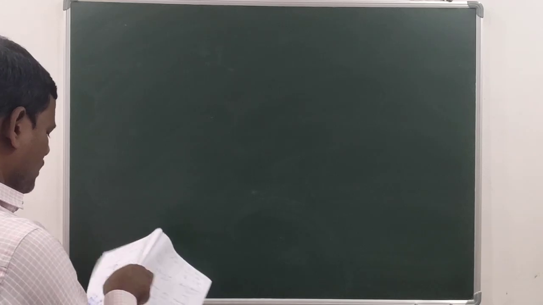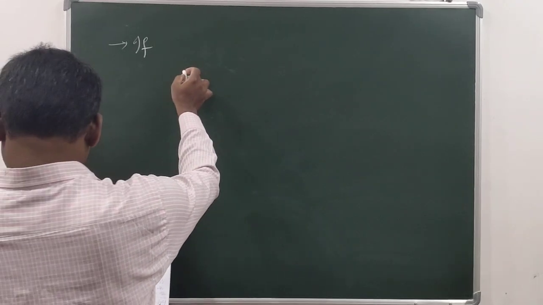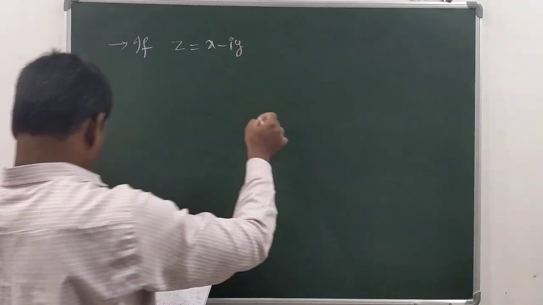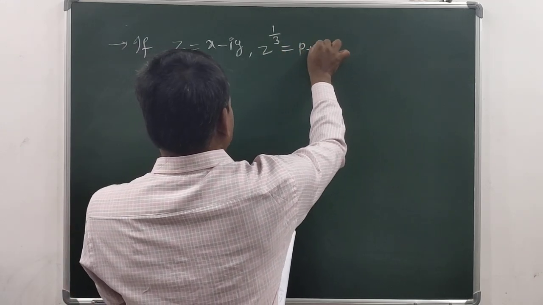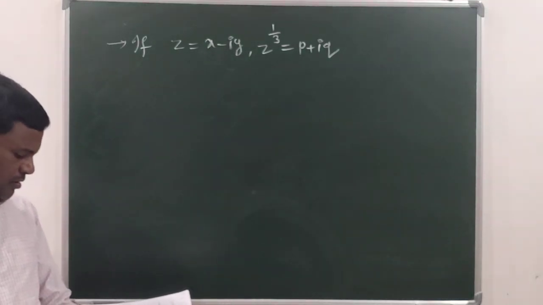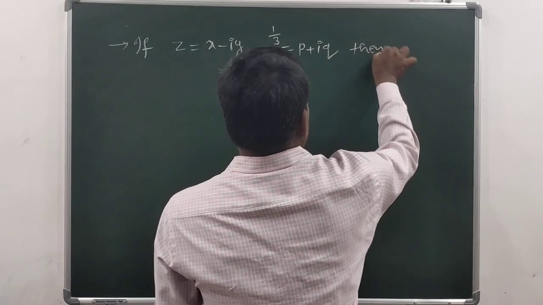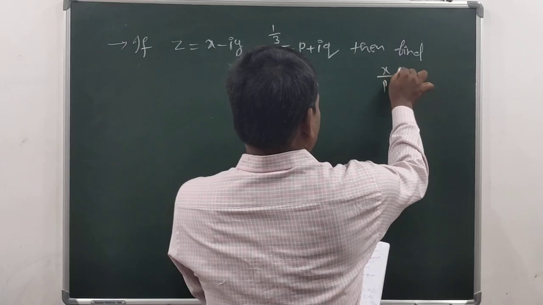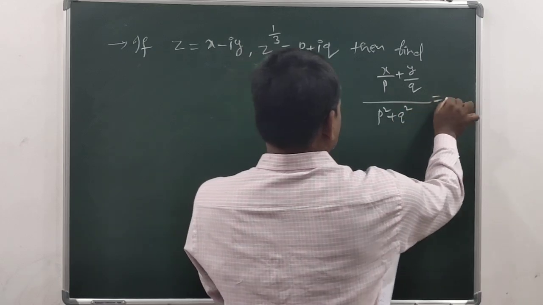If z is equal to x minus iy and z power 1 by 3 is equal to p plus iq, then find x by p plus y by q, whole divided by p square plus q square, which is equal to how much?